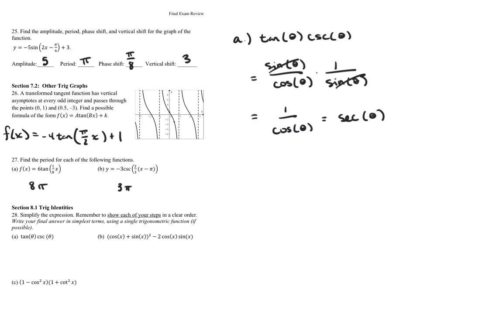For part B, we have cosine of x plus sine of x, all of that squared, minus 2 cosine of x times sine of x. So let's first write what we are given.